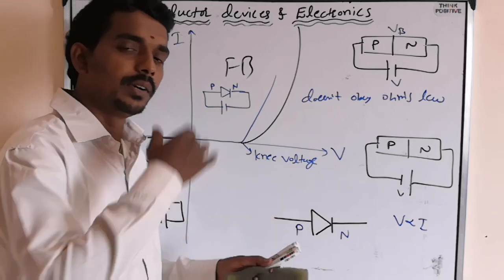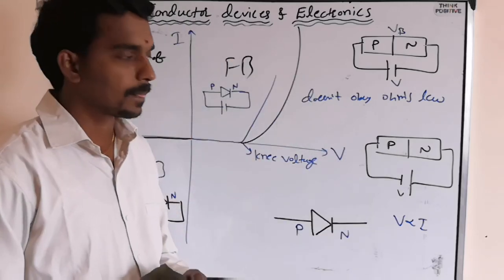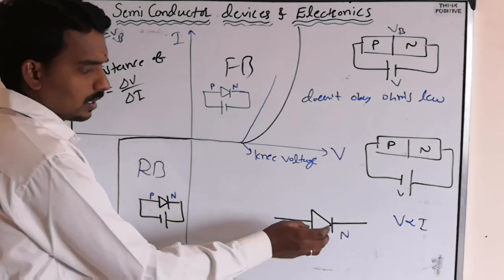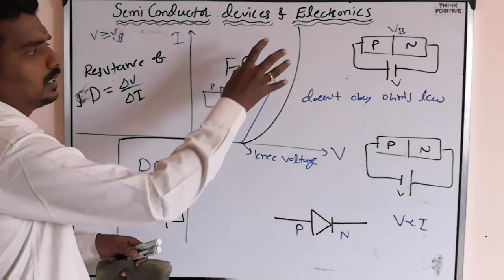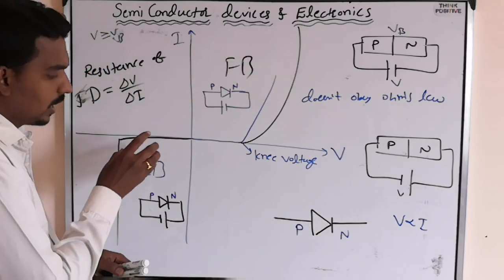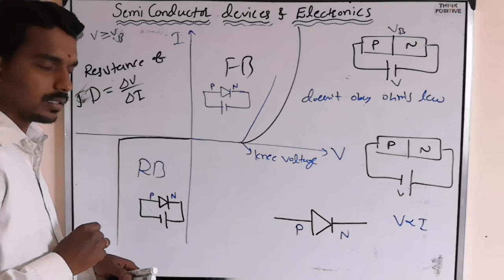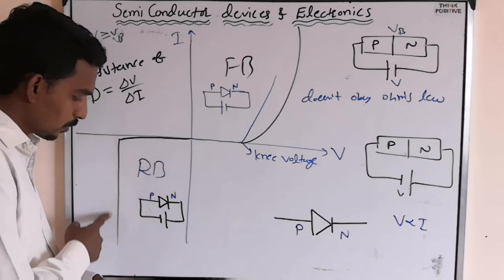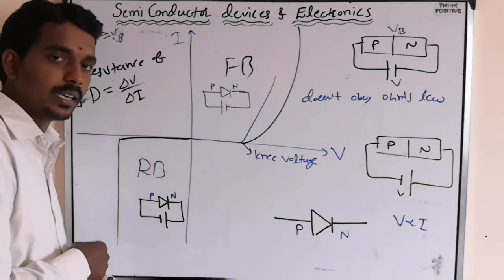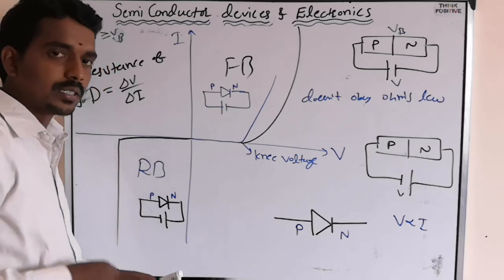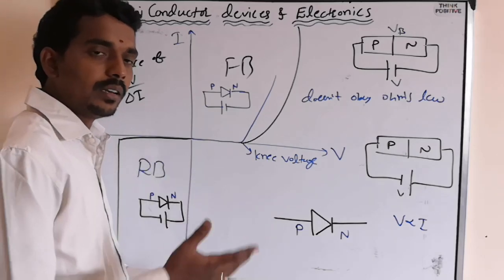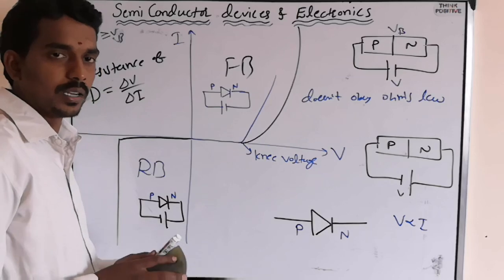All those things we will discuss in the coming session. So this is the representation, and this is the forward bias, and this is the reverse bias. And I told you we will discuss why there is a sudden increase in the reverse current, and when it happens, we need to understand.